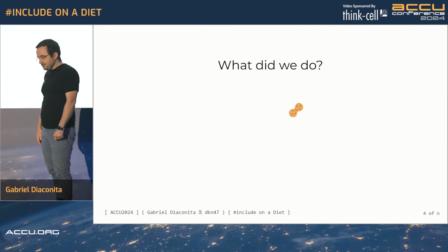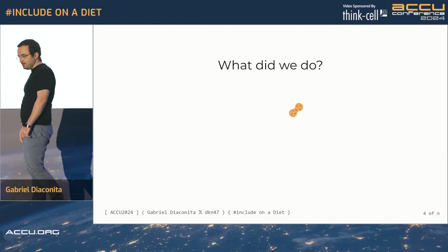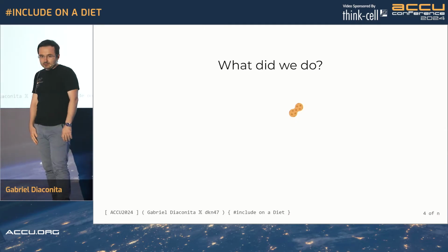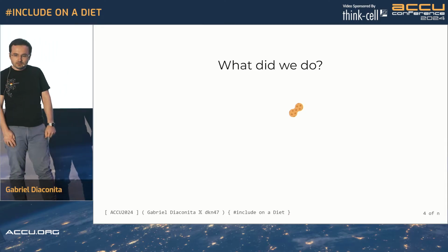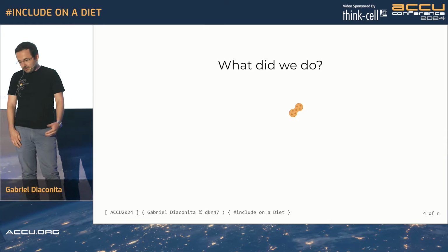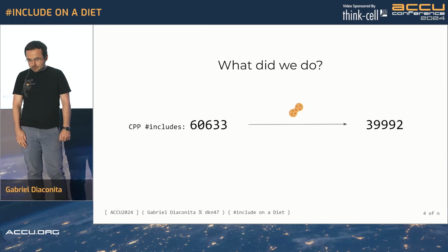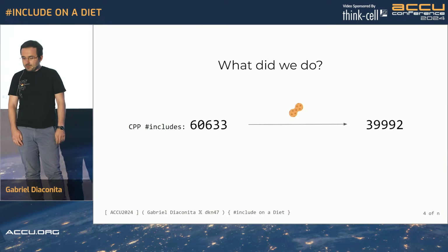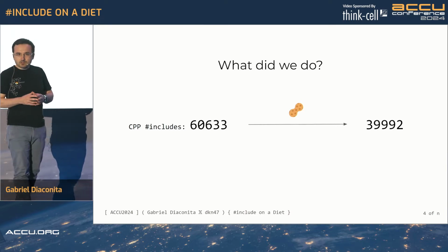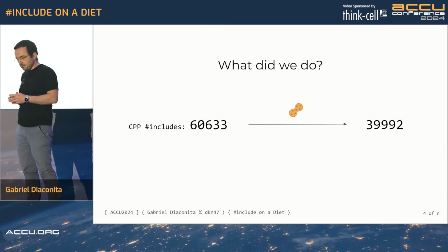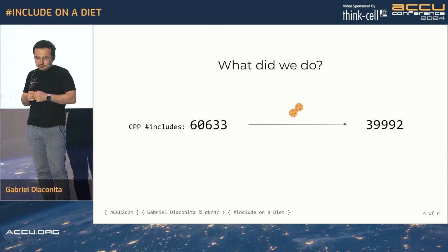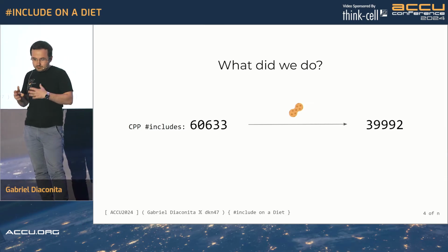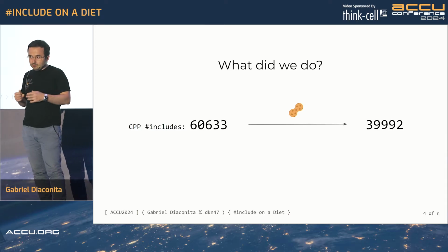What did we do in a nutshell? Like I said, I'm going to be sharing something practical, something that we did. I'm guessing that by the title, you already have an inkling of what we achieved. So I'm going to give you the numbers straight ahead. In our source code, we started with 60,000 includes just in CPP files. And we will see how we got to thinking about pruning these includes and seeing how many of them we actually need.